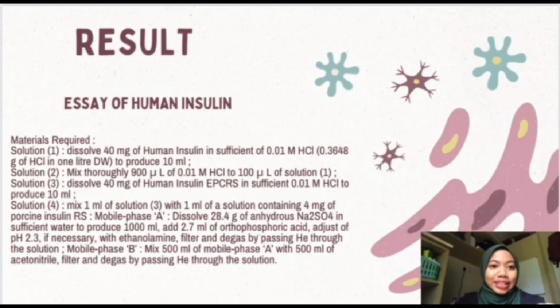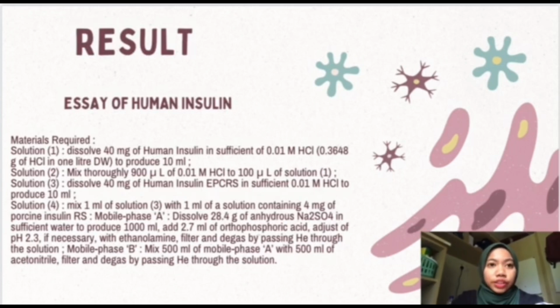For materials required, Solution 1: dissolve 40 mg of human insulin in sufficient 0.01 M HCl to produce 10 ml. For Solution 2, mix 900 microliter of 0.01 M HCl with 100 microliter of Solution 1.